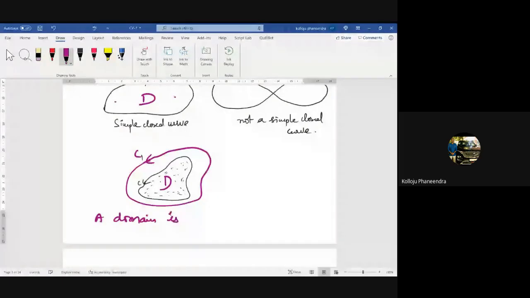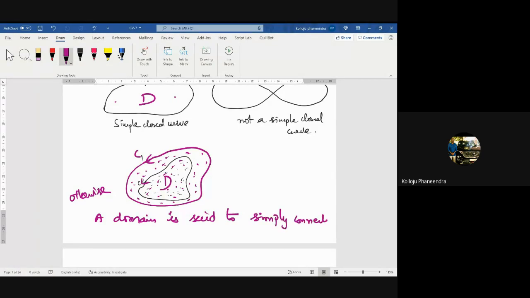Otherwise, see, these are the points of the domain, and these black color points are the points inside the simple closed curve C, which also belong to domain D. A domain is said to be simply connected.